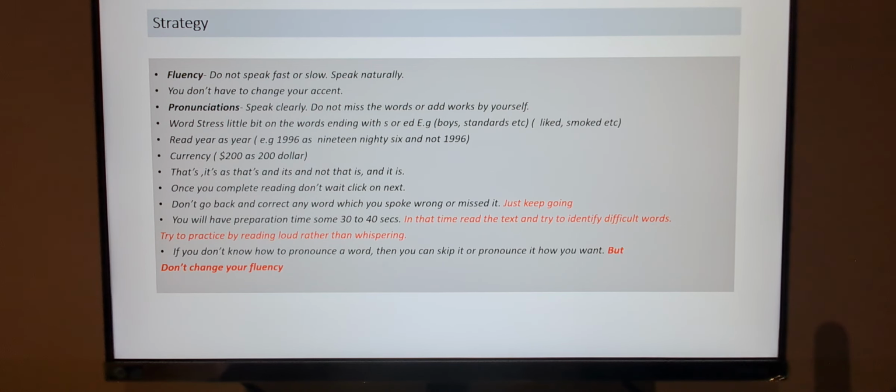For example, boys, right? If in the text there is the word boys and you have read boy, for example, the text is "these boys were standing," but you read "these boy were standing." So instead of boys, you said boy, right? You didn't stress on the letter S. So the interpreter will not come to know.